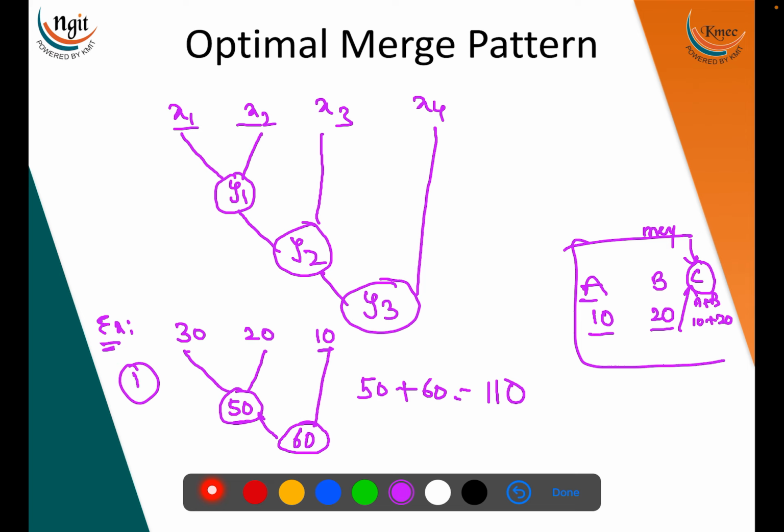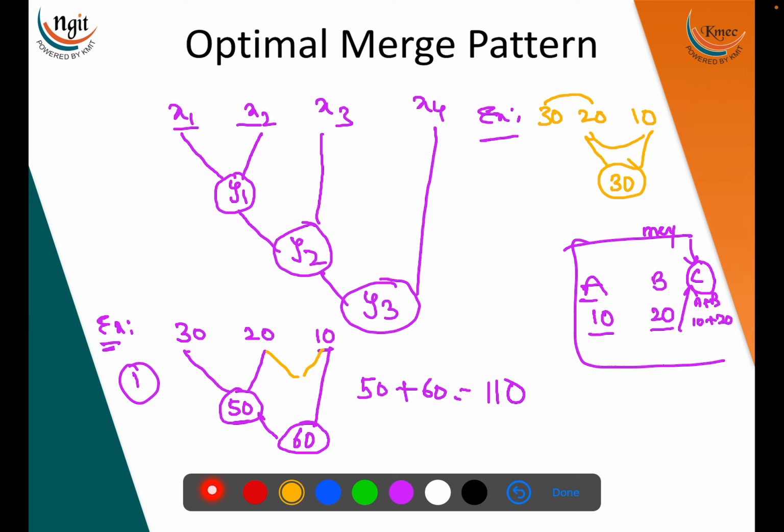That means pattern 1. And I'm taking the other example. See, the other example is: I can also take 20 and 10 and perform the merge operation first. That means I have here 30, 20, 10. Instead of merging these two files, why don't I merge these two files? So 20 and 10 I'm going to merge. 20 plus 10 becomes 30.